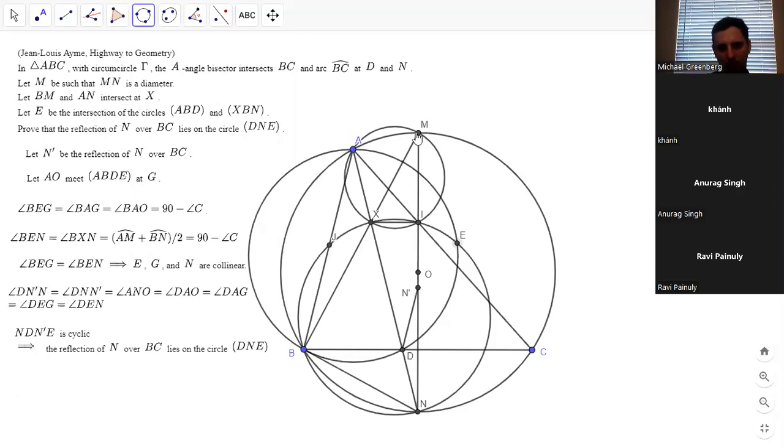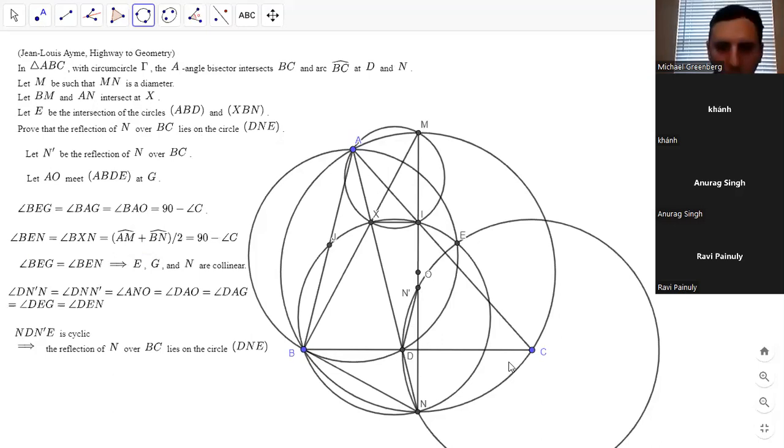And then I will prove that N prime is the reflection of N over BC. So basically you're redefining N prime to be the intersection of the circle with MN. Yeah, and then I'll prove that it is the reflection.